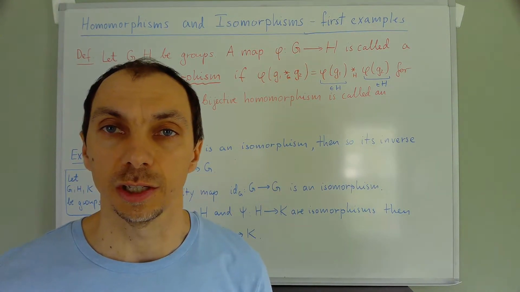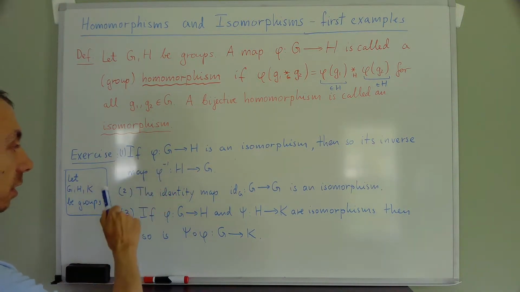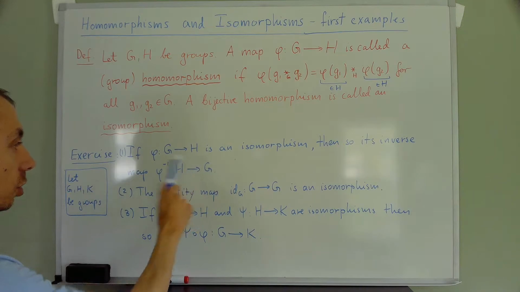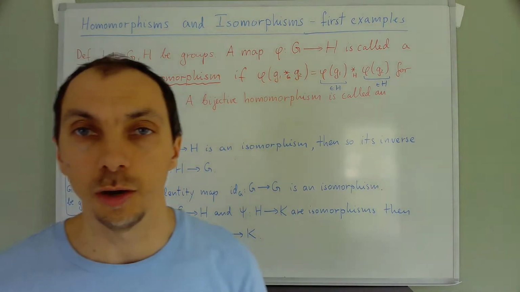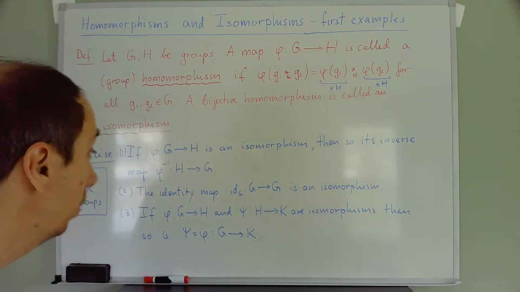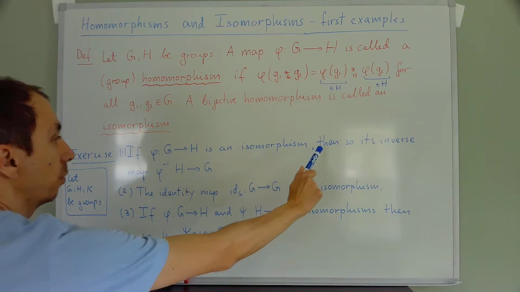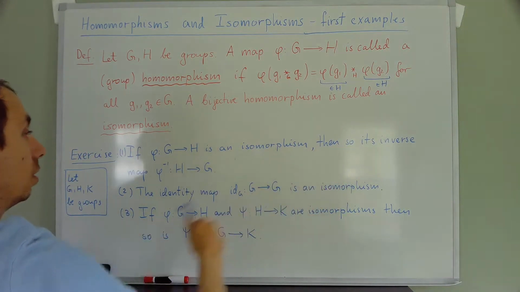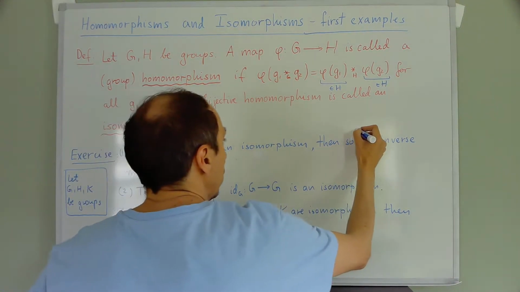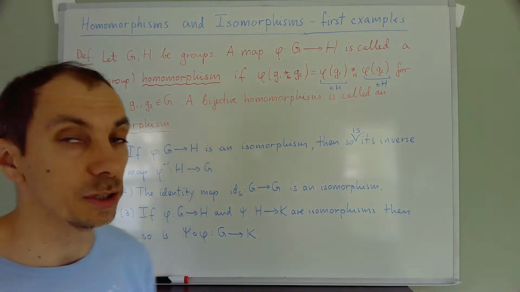We know all bijections have inverse maps. So if I denote this inverse by phi inverse, then that's a map from H to G. We know that this is automatically also a bijection. But I claim this is also an isomorphism. If phi is an isomorphism, then its inverse map is also an isomorphism.